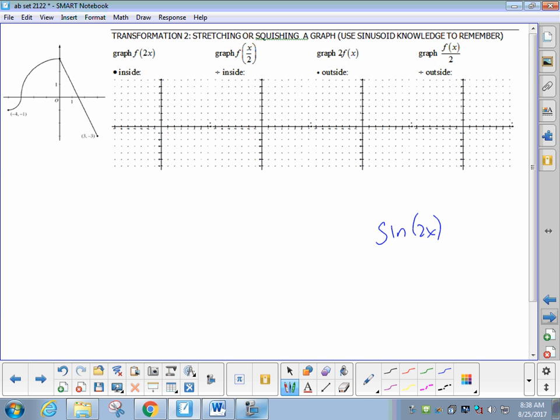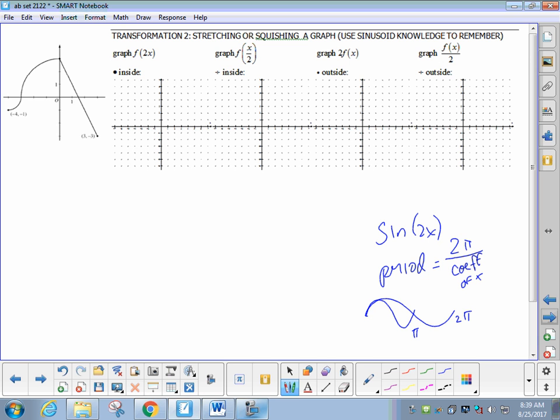Remember, period is always the normal 2 pi divided by the coefficient of x. So in this case, 2 pi divided by 2 would be pi. So in essence, this caused the normal wave to condense into a much quicker wave, yeah?